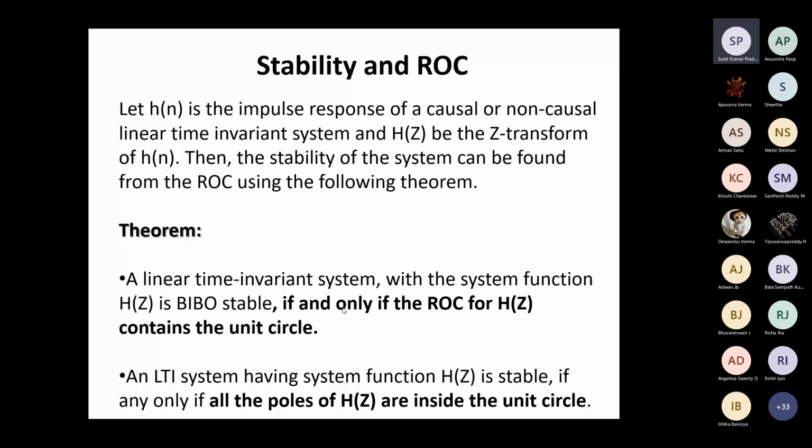So two criteria have to be satisfied. First of all, your Z transform contains the unit circle. That is the first condition. And the second condition, whether it is stable or not, all the poles of the Z transform are inside the unit circle. If these two conditions are satisfied, then only you can confirm that it is a stable system.